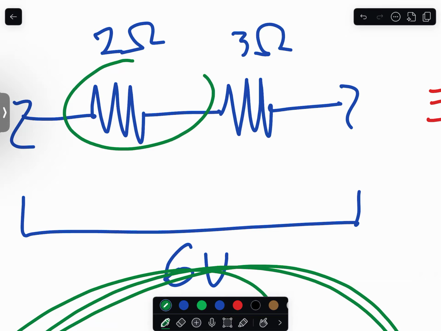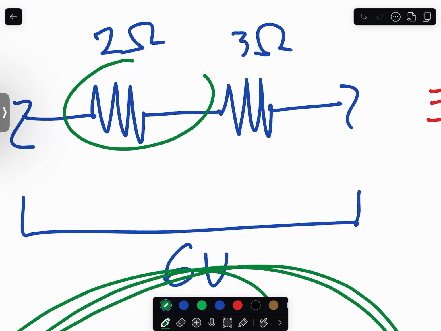There are 6 total volts. How many volts are lost in the first resistor? 2.4. How do you know? I've lost you guys. Okay, how do you find the total current flowing through everything? What's the total resistance? 5 total ohms.